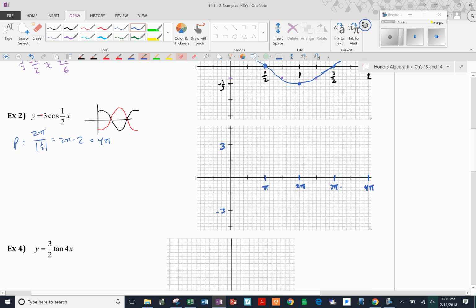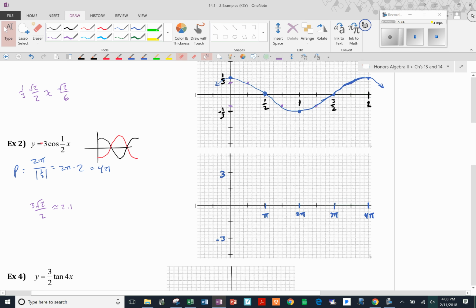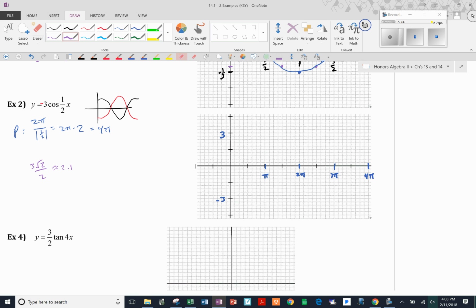Okay, so the square root of 2 over 2 points, we've got 3 times the square root of 2 over 2. I know that the square root of 2 over 2 is 0.7, so if I multiply that by 3, we're looking at about 2.1. That's going to be kind of hard to get on here anyways, the way that I have things marked out here.